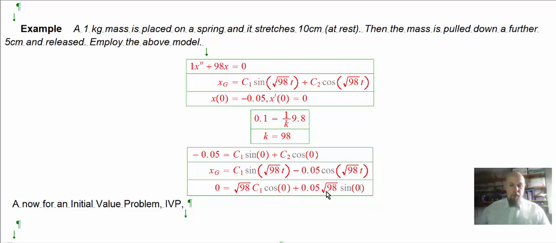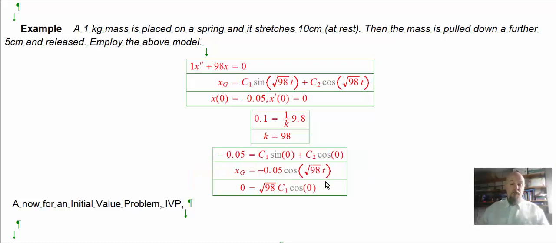So sine of 0 is 0, so this whole piece disappears. Cos of 0 is 1, and we can figure out that C1 has to be 0 as well. So that means our general solution, since C1 is equal to 0, is just minus 0.05 cosine of root 98 t.